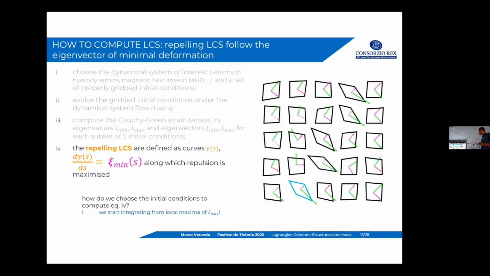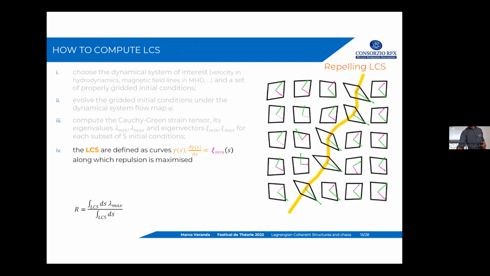And being this a differential equation, you have to choose an initial condition to integrate it. It's wise to start from local maxima of the deformation, for example, this point. And you can easily see that by integrating this equation, you get a curve that follows the minimum eigenvector, the yellow one.